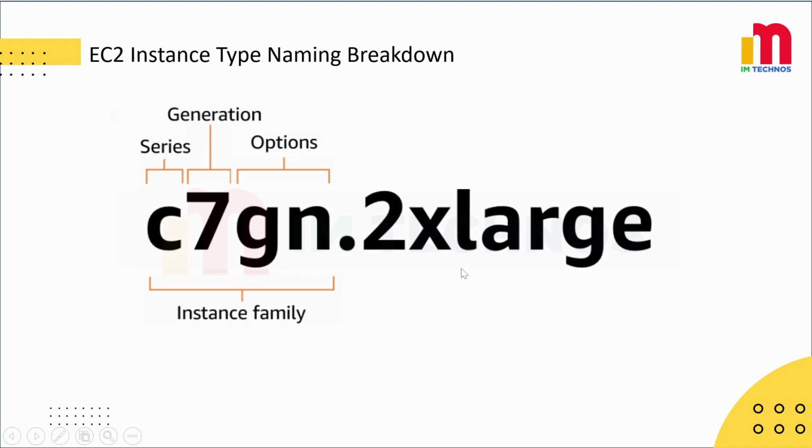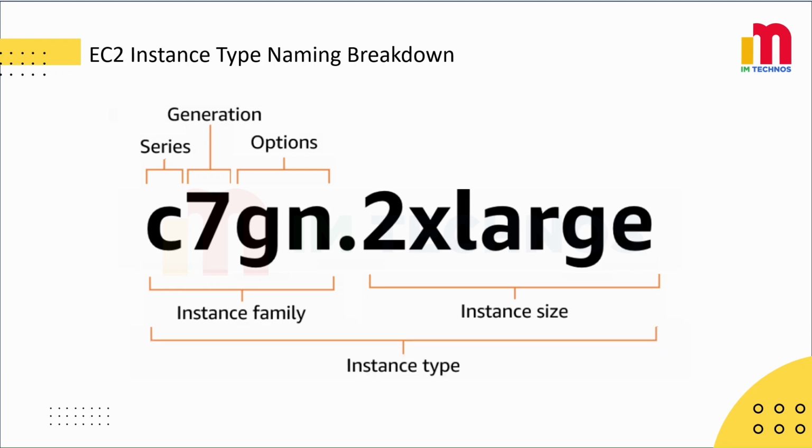Now moving to the second part, which is 2xlarge. This represents the instance size. As the size increases from large to xlarge to 2xlarge, you get more CPU, more memory, and more overall capacity. And when you combine everything, the series, generation, options, and size, you get the complete instance type.